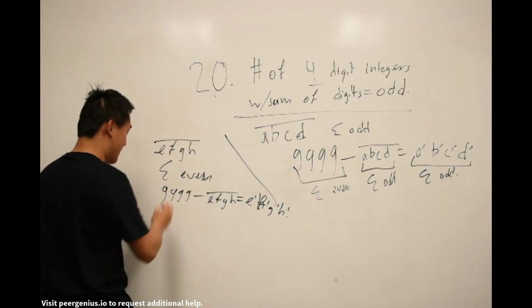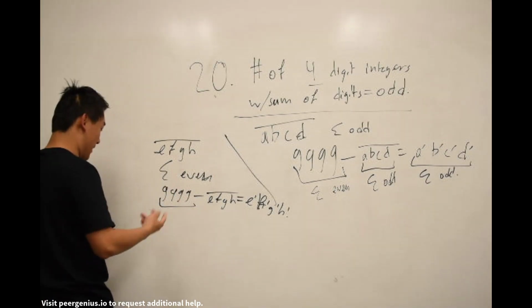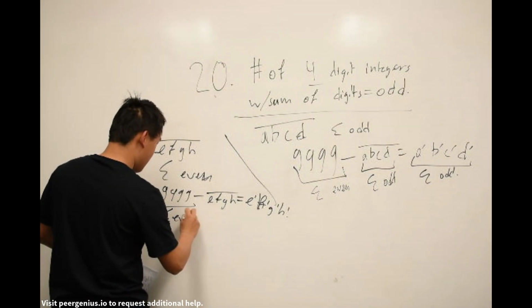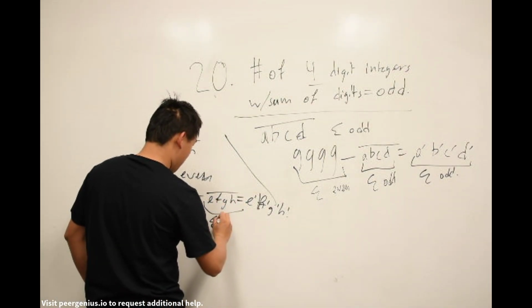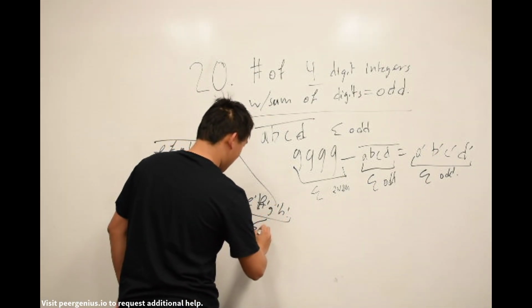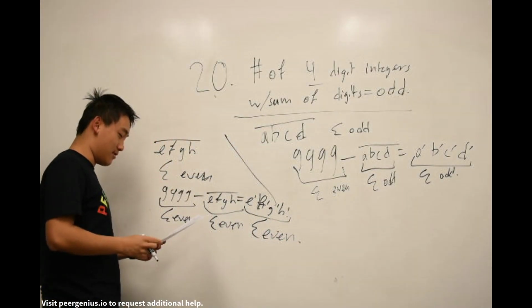The important thing is, again, because 9999 is a keystone number with an even sum, and EFGH has an even sum, we get that this is also sum even.